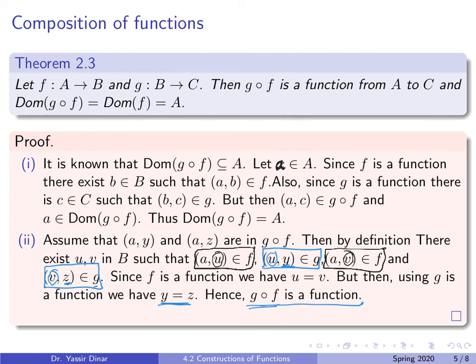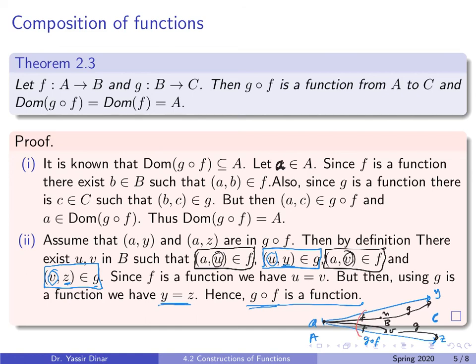Let's see the steps of this proof. We take an element a in A, and we assume this element goes to y and it goes to z under g circle f, where these are in the set C. By definition, that means this element a goes to some element u and then to y, and it goes to v and then to z, under the function f here and the function g here.